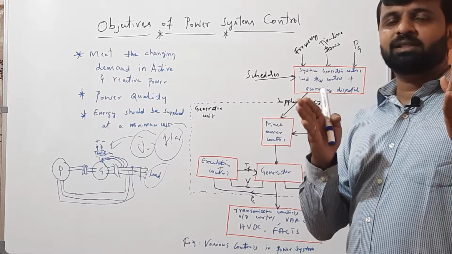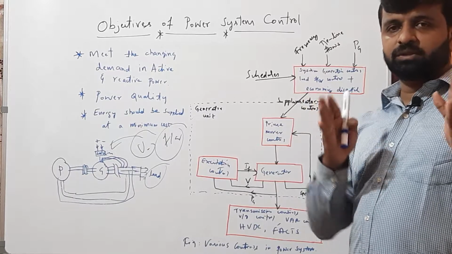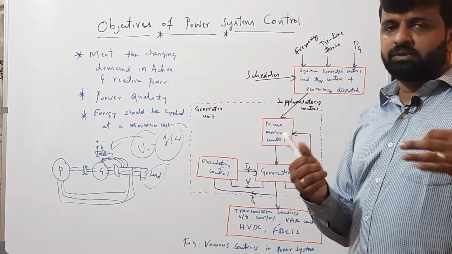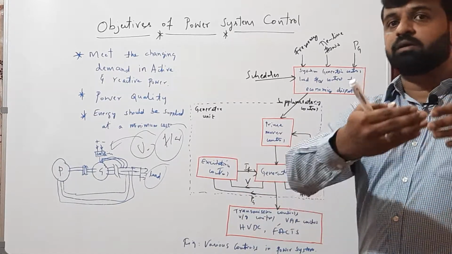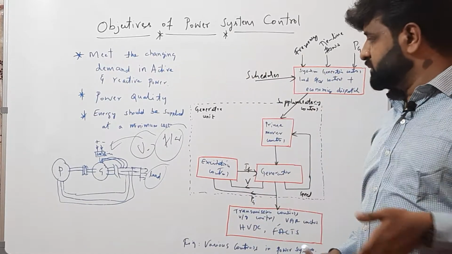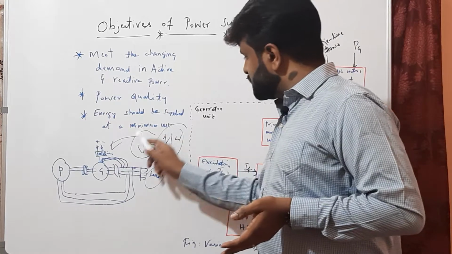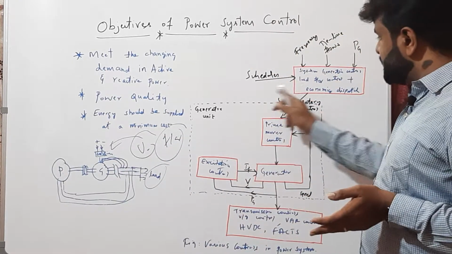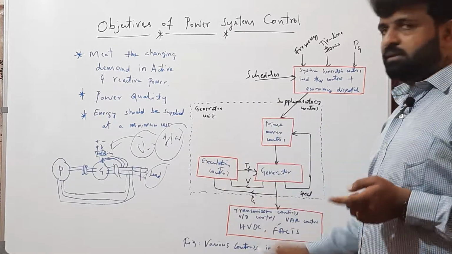That is nothing but your spinning reserve. When it crosses the spinning reserve, it will definitely go to the extreme state and emergency state, and of course we know that. These parameters can be controlled mainly through this system, which we can observe in a generating station.